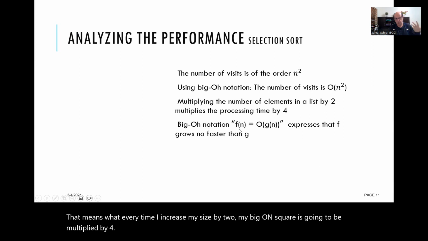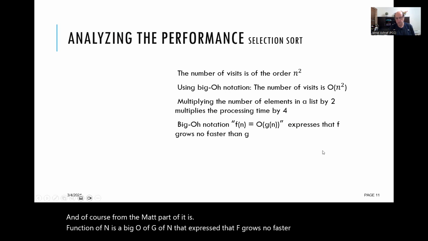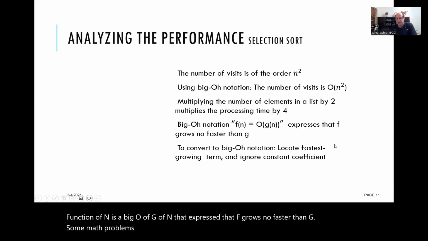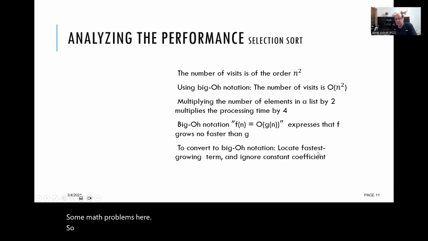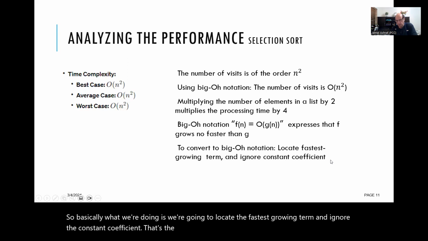And of course, from the math part of it, f of n is big O of g of n. That expresses that f grows no faster than g. Some math problems here. So basically what we're doing is we're going to locate the fastest growing term and ignore the constant coefficient. That's the way we're coming up with a big O notation.